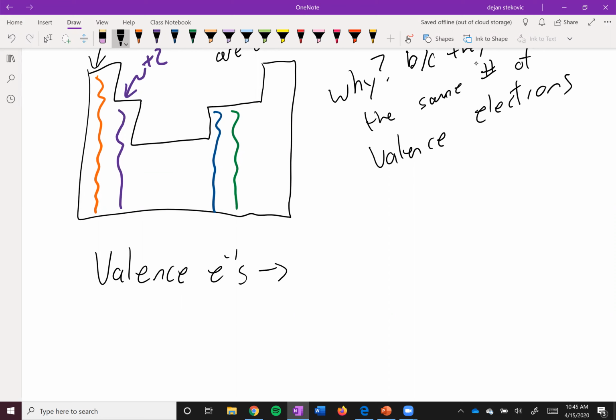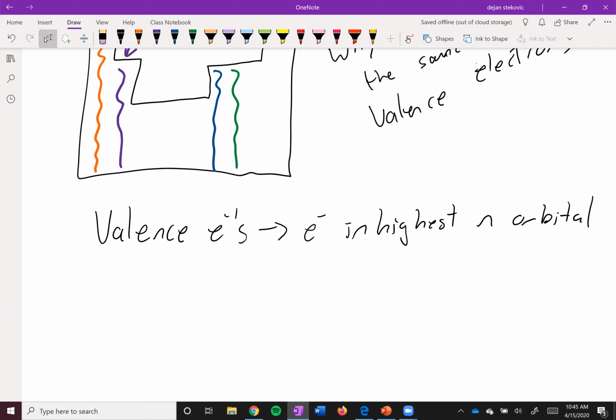A valence electron is an electron in the highest n orbital. Contrast that to a core electron. A core electron is an electron in the non-highest n orbital.